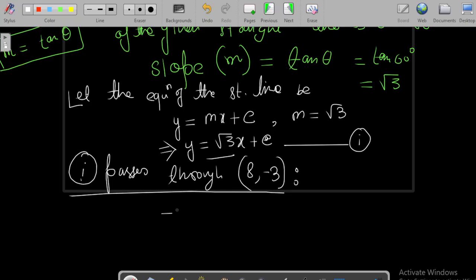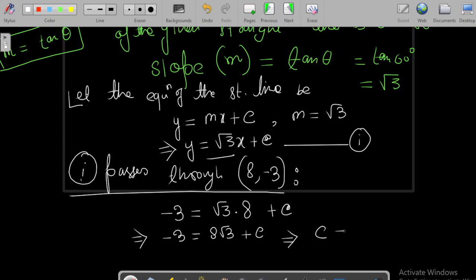Here y is minus 3 and root 3 into x means the abscissa, which is 8. So we write 8 root 3 plus c. Now this gives minus 3 equals 8 root 3 plus c. This gives c equals minus 3 minus 8 root 3.